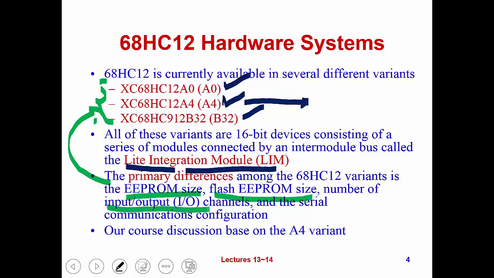In some applications we require more channels, in some fewer channels, for some more output channels, and for some more input channels. The communication port configuration is also different, depending on which version we use. And our discussion focused on A4, as I mentioned at the beginning of the semester.